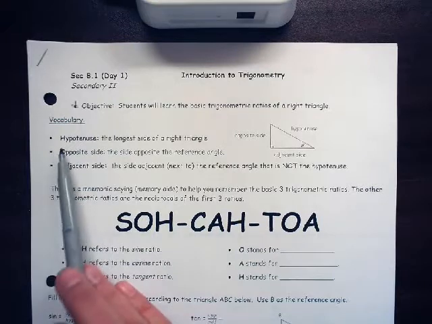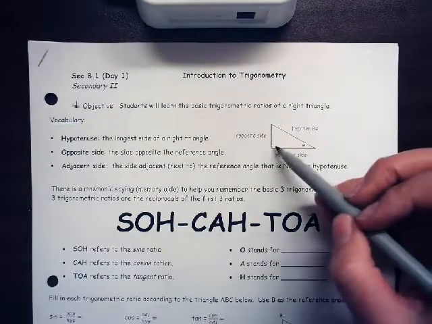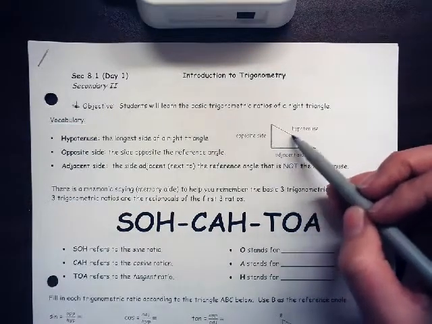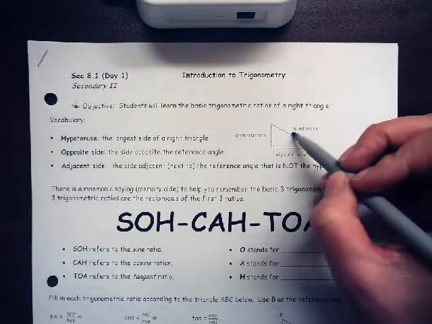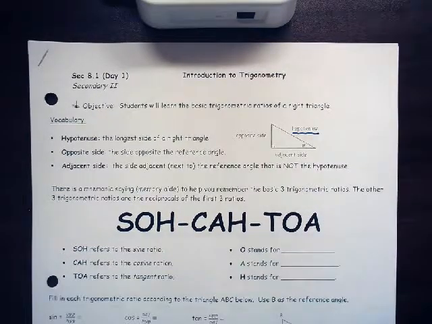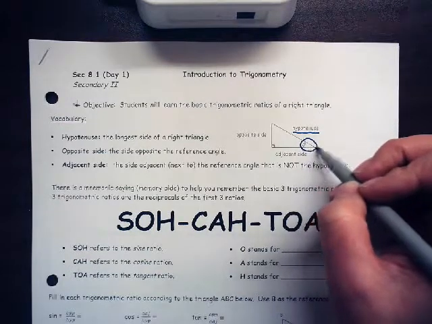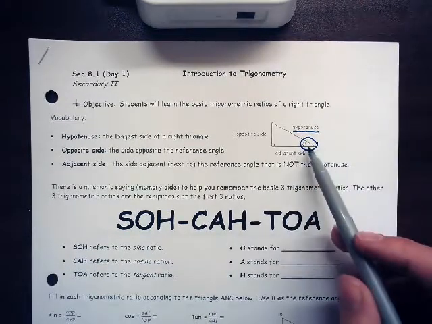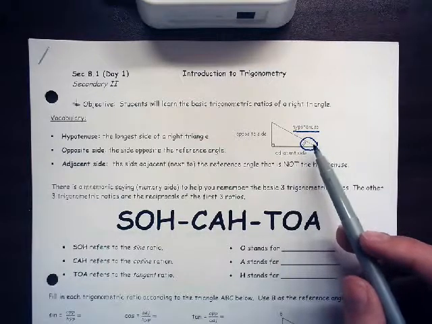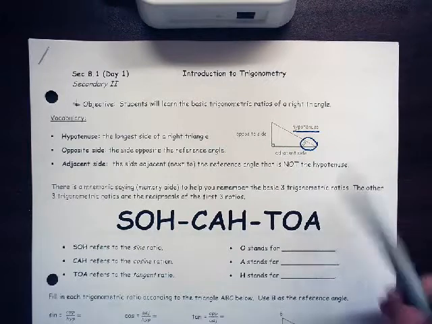So the hypotenuse is the side opposite the 90-degree angle, or the longest side of the right triangle, right here. The opposite side, we refer to it as the side opposite the reference angle. On this diagram, this angle right here is our reference angle, and it's denoted by theta. It's just a Greek letter that stands for an unknown angle measure.